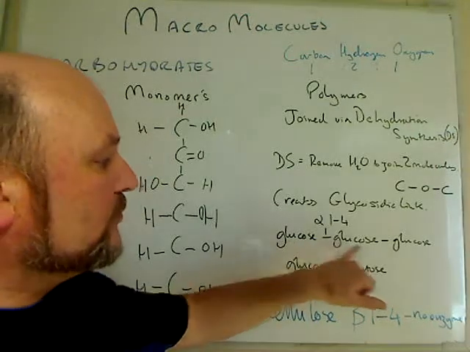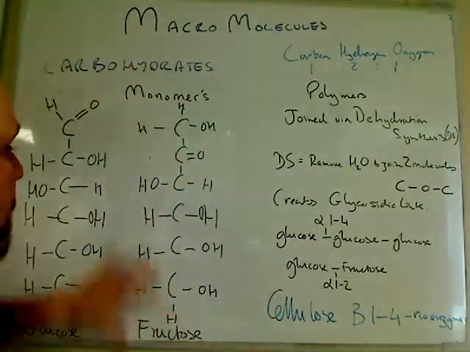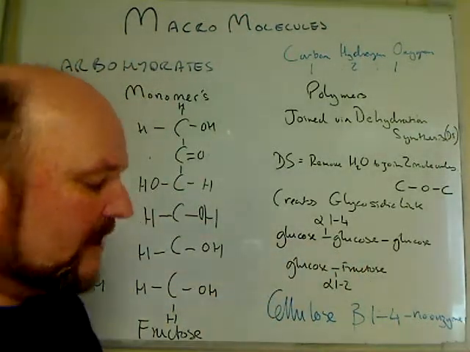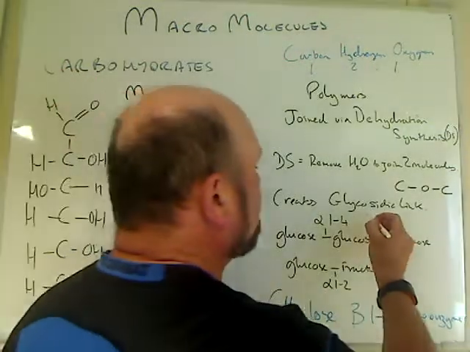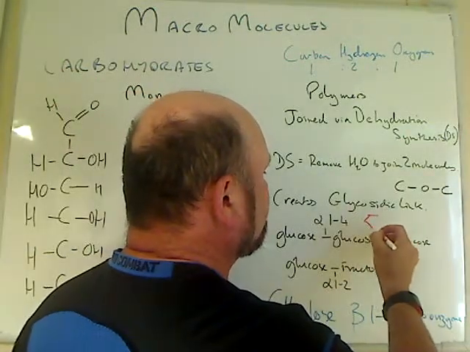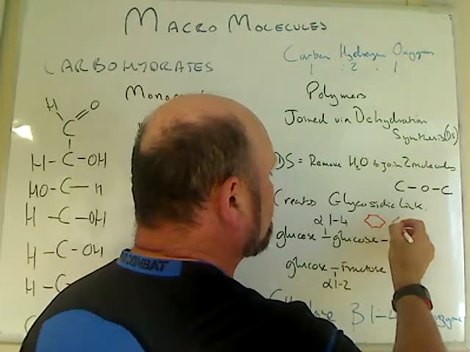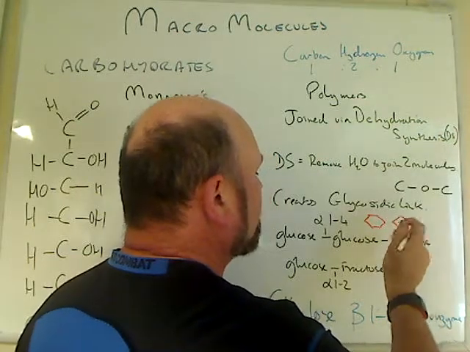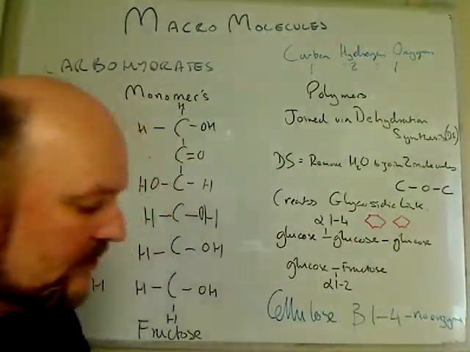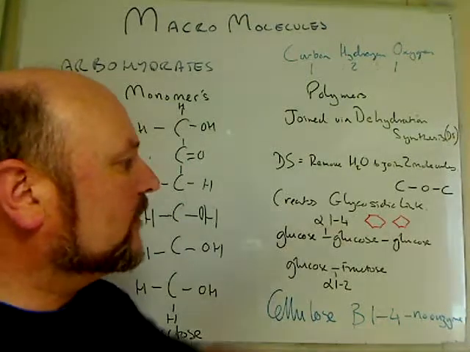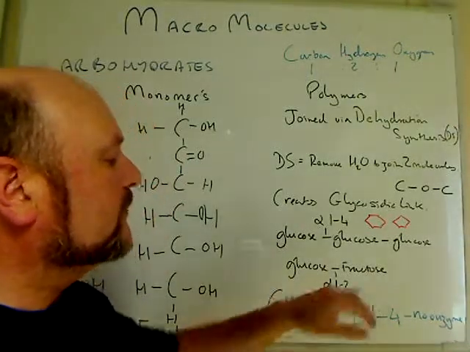Now between glucose to glucose, and I've drawn these structures in a linear fashion, but they actually exist in a ring structured pattern, and I'm not doing that accurately, so don't learn that.